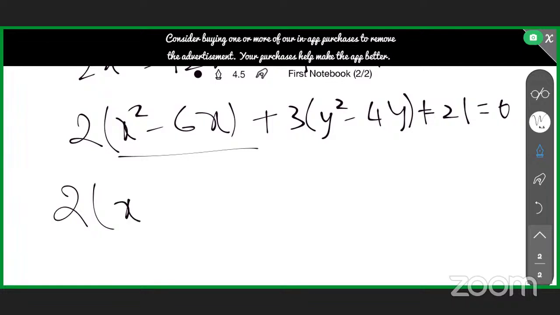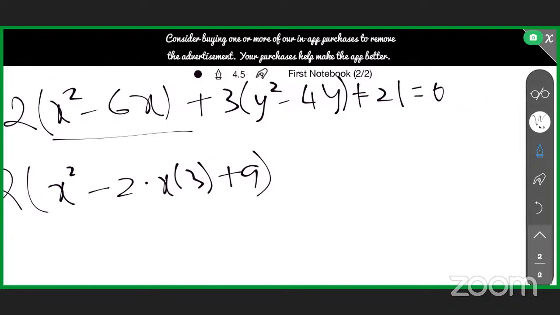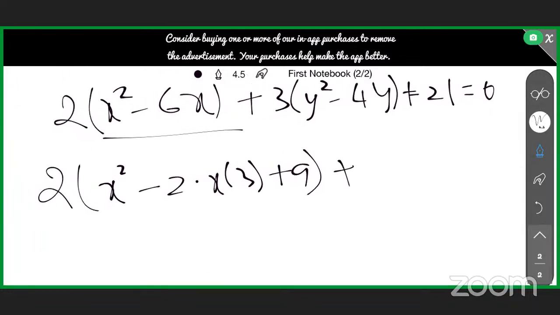So x square minus 2 into x into 3, plus 3 square, which is 9. Remember carefully, we have to subtract 9. I'll keep it as minus. Not only do you have to subtract 9, you have to subtract 18, 9 into 2, because 2 is outside.